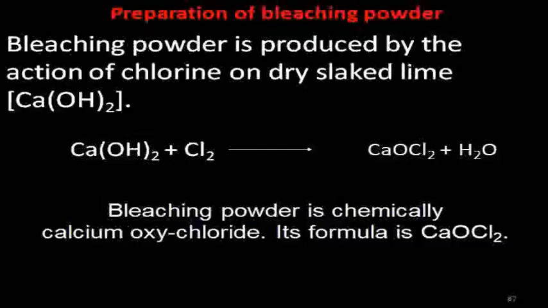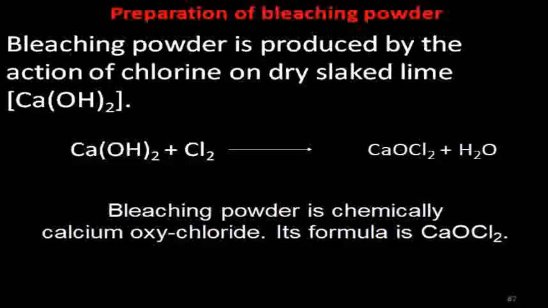Preparation of bleaching powder. Bleaching powder is used at home and it is used in the industries also. So bleaching powder is produced by the action of chlorine on dry slaked lime. Slaked lime is nothing but calcium hydroxide, which is called lime water or slaked lime.